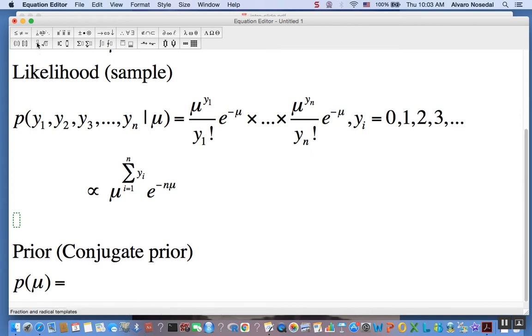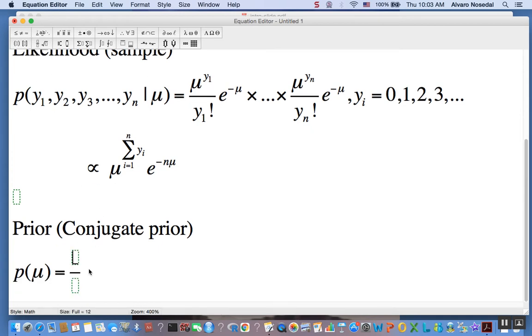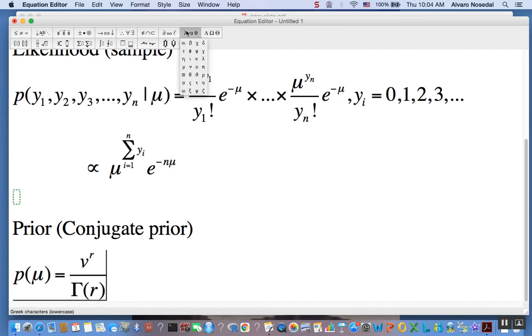The probability density function for a gamma with parameters v and r looks something like this: v to the power r divided by the gamma function evaluated at r, times mu to the power r minus 1, times e to the negative v times mu.